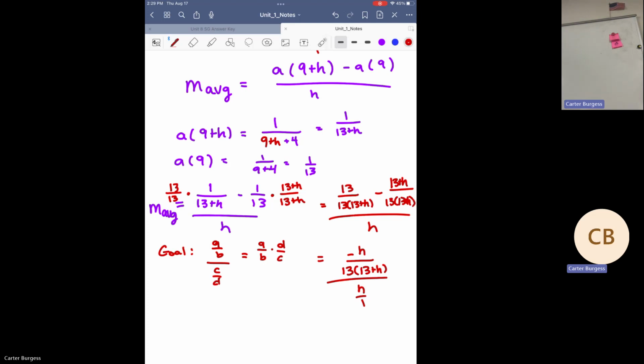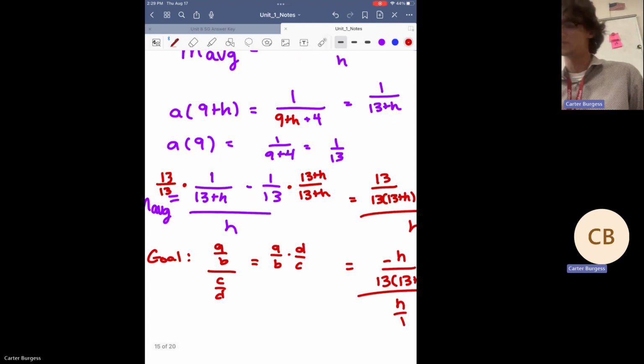This is my a over b over c over d. One final step, we are taking that fraction in our denominator, multiplying by the reciprocal. Rather than dividing by h over 1, we are multiplying by 1 over h.